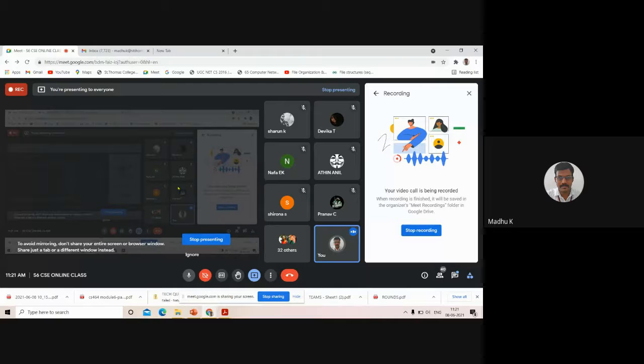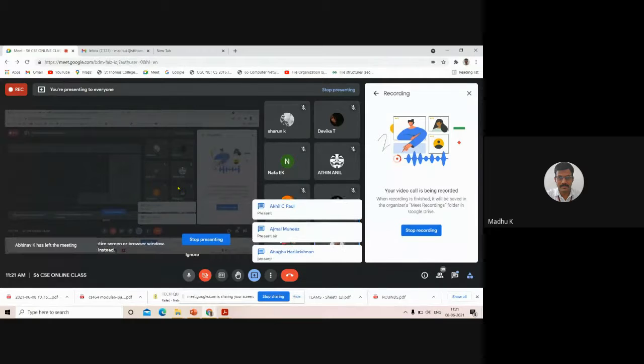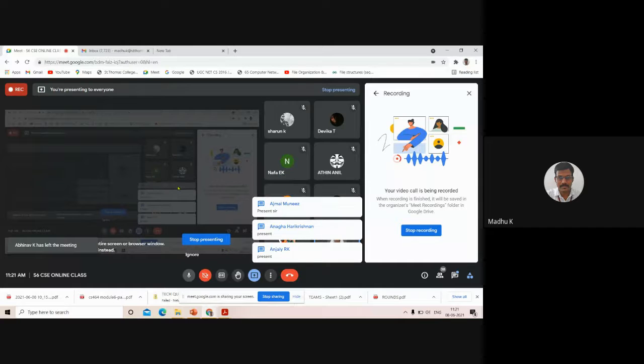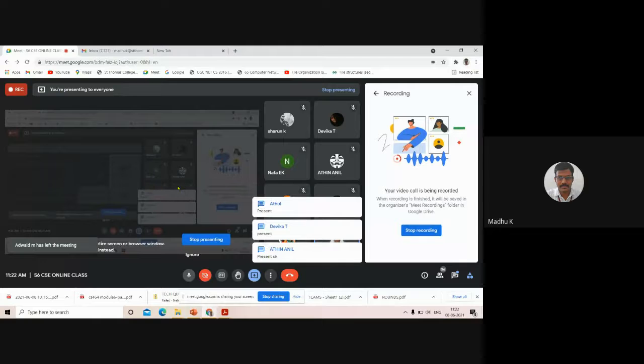Akash, Abhinand, Ajmal, Agilsi Paul. Ajmal absent. Ajmal, Anaga, Anjali, Anugrah. Okay. Next, Atul, Devika. Dilna absent. Dilna. Okay.